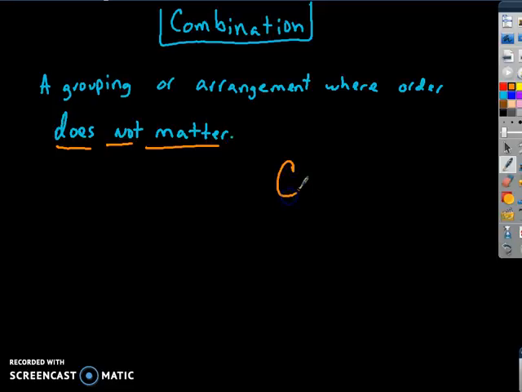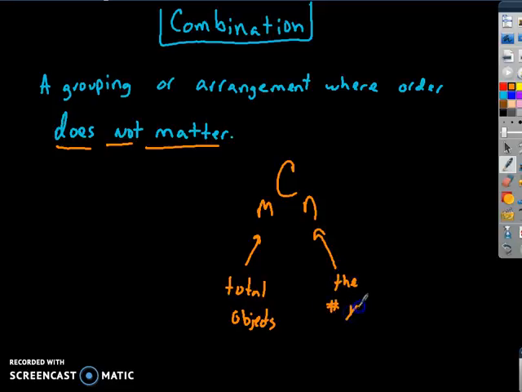The formula for combination is a combination of m total objects, choosing n. This is the total number of objects in the set, and this is the number you're choosing or selecting from the set.